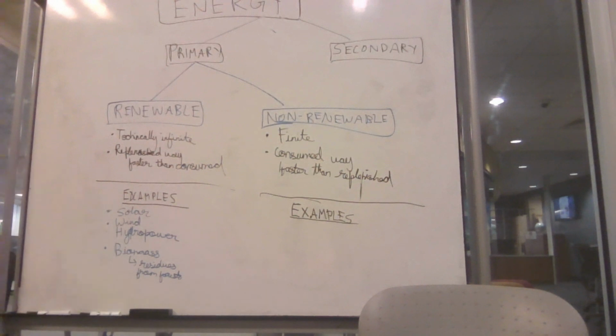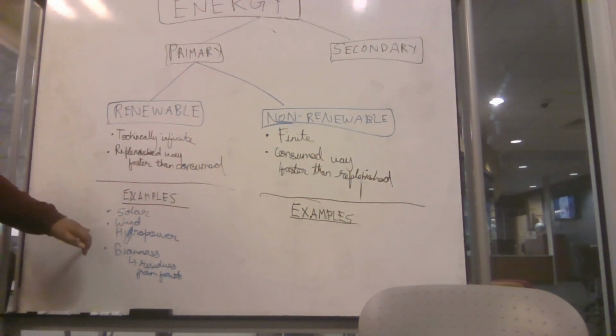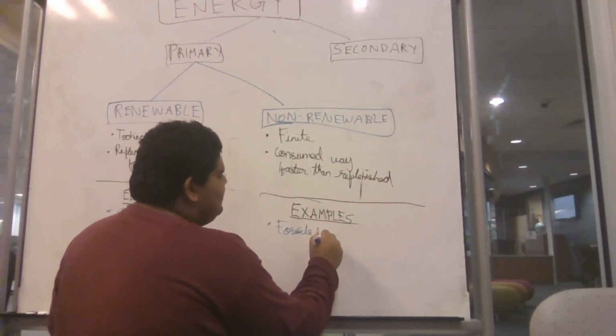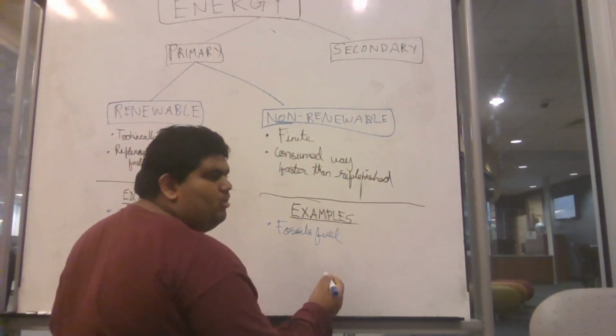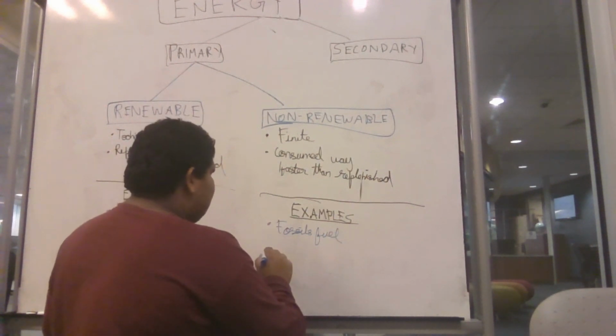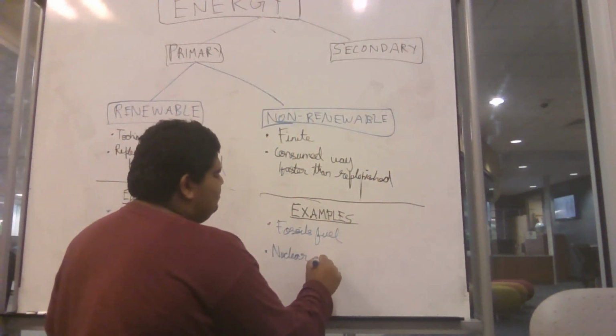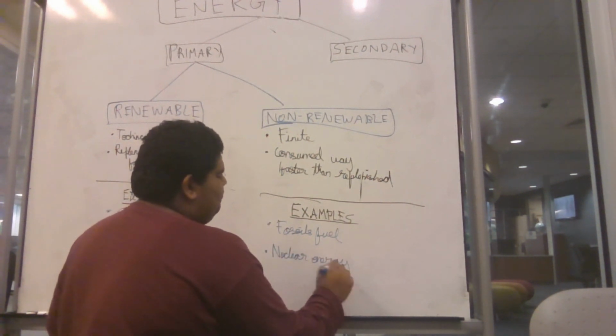The sun will be there for a long time. The wind will be there as long as the sun is there. Non-renewable energy sources are basically your fossil fuels, such as petrol, coal, and natural gas, and nuclear energy is also non-renewable.